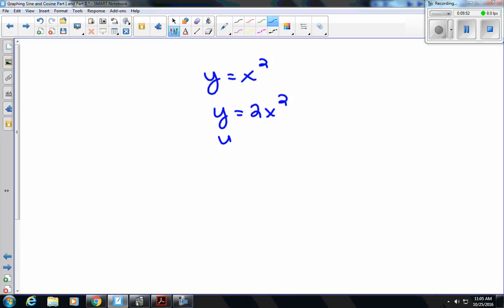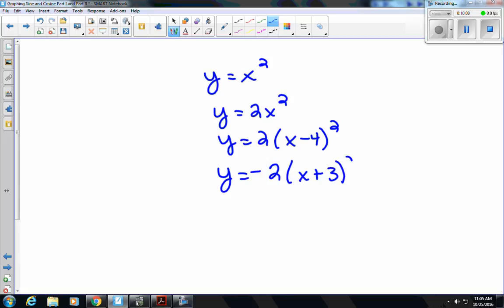Okay, what about this? Horizontal translation. Which direction? To the right. Excellent. Reflection over the x-axis. Vertical stretch by 2. Horizontal shift left 3. And then down 4. The whole thing shifted down 4.